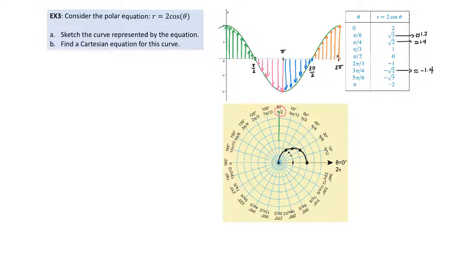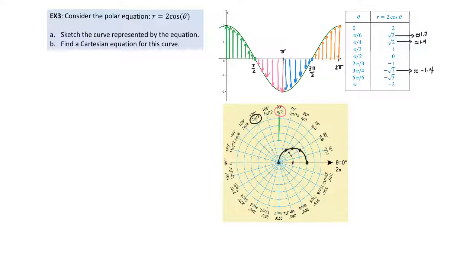So when theta is equal to 2 pi over 3, let me locate that. So here is 2 pi over 3. r is equal to negative 1. So if r was positive, then r would correspond to 1 and we would be on this part of the ray.